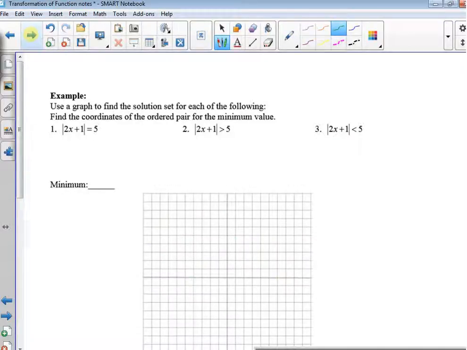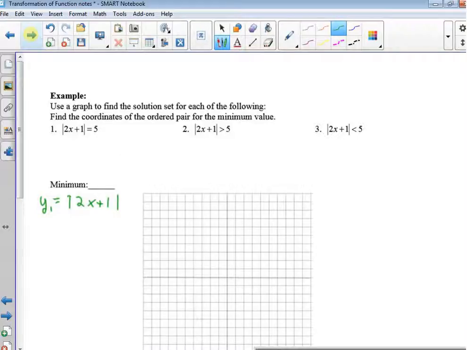Okay, one last example here says use a graph to find the solution. So I'm going to, into my calculator, put y1 equals absolute value of 2x plus 1. Then I'm going to graph that.